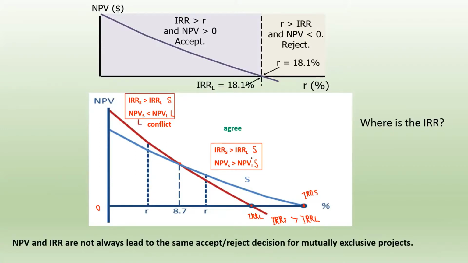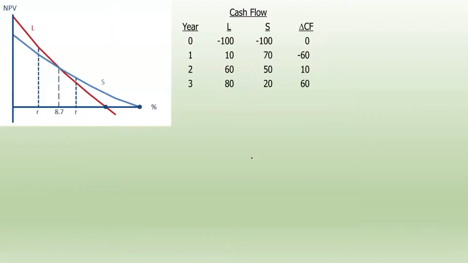So our conclusion here is that NPV and IRR do not always lead to the same accept or reject decision for mutually exclusive projects. We know that when the weighted average cost of capital is less than the crossover point, there is a conflict between those two rules. How could we find this crossover point?